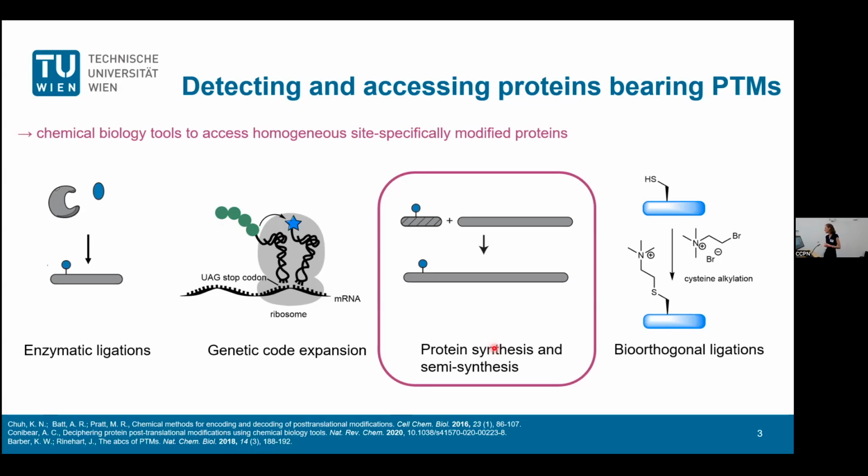Those tend to generate modifications that are not exactly identical to the biological modification, but can still be very useful. But for the rest of my talk, I'll focus mostly on protein synthesis and semi-synthesis, because I believe it's one of the best ways to very site-specifically install a modification or non-canonical amino acid, and I think it also has quite some power for looking at structure.